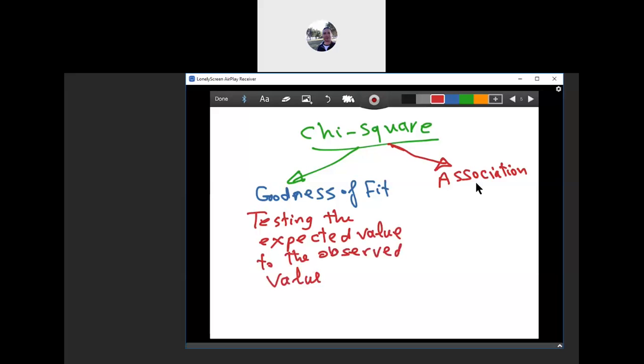This is what we have done so far. Today we are going to do something different. For example, if I'm asking you about male and female, I go for the variable gender. I know this variable is nominal, right? So I have male and female.